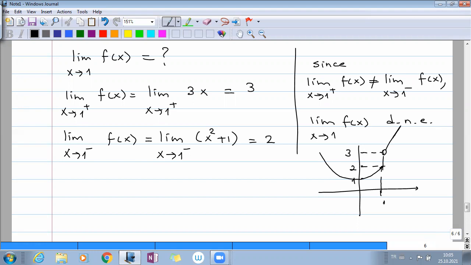So the right limit is 3, the left limit is 2. The function doesn't have a limit at x equals 1.